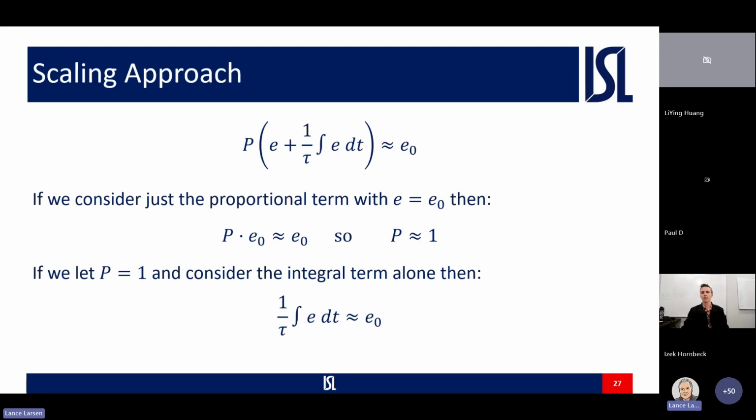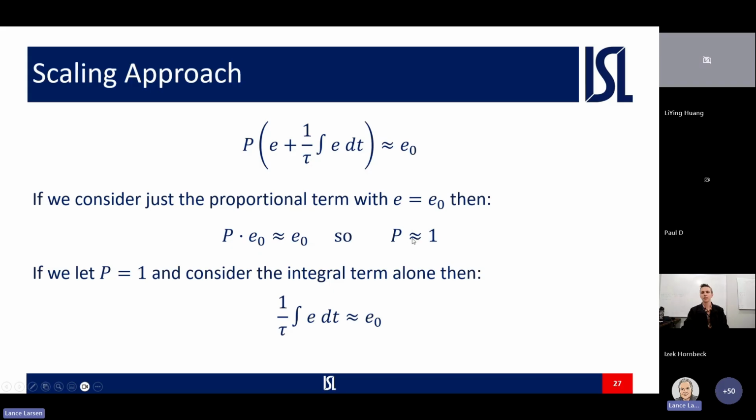Looking at this equation for our scaling of the system, first, if we're just considering the proportional term, we'll ignore the integral term initially. Then we'll let E equal E0, and our P value is just going to be 1.